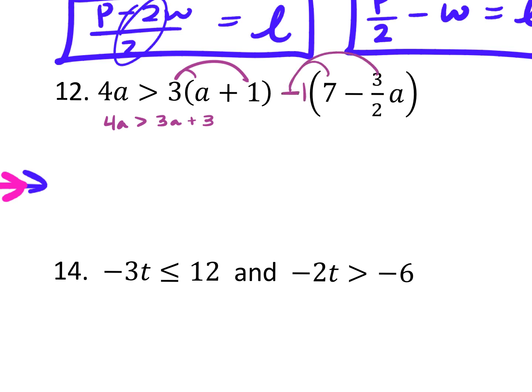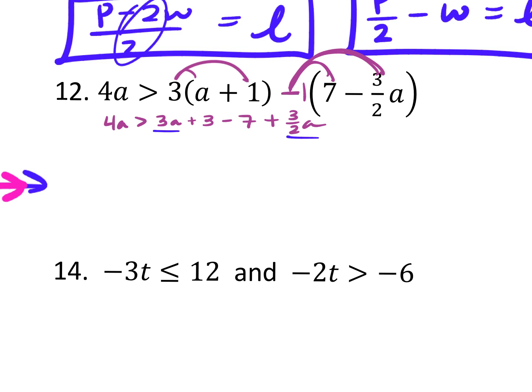It's like a -1, right? So -1 times 7 would be a -7. And then -1 times a -3/2 a would be plus 3/2 a. So you're here. Now you can start combining some of these like terms. 3a plus 3/2 a.